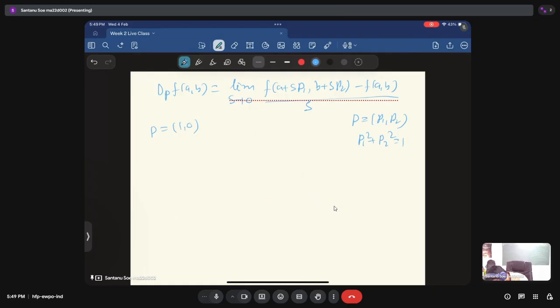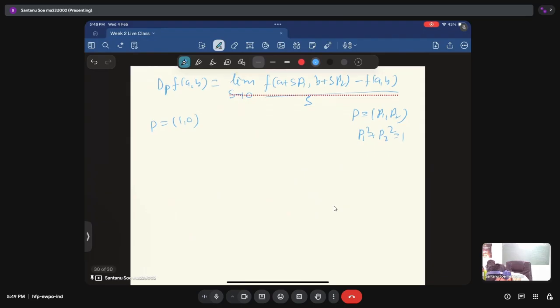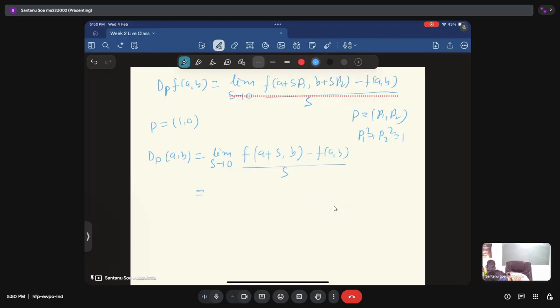Then something magic happens. Then we can show that the directional derivative is nothing but the partial derivative at the point (a, b) in the x direction. So in this case, D_p f(a, b) is the limit as s tends to 0. Since p1 is 1 and p2 is 0, this will be f(a + s, b) minus f(a, b), divided by s, and this is nothing but f_x at the point (a, b).